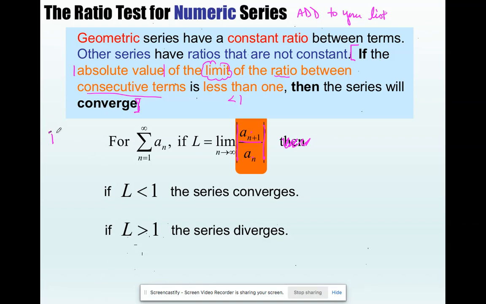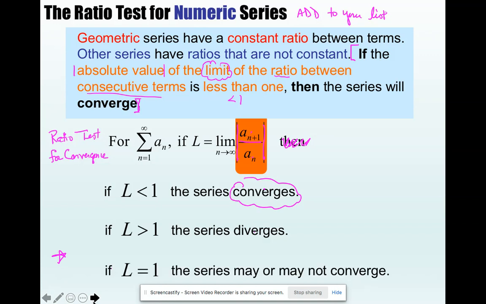So this is what you need to add to your list, the ratio test for convergence of numeric series. You want convergence. If you fail the convergence test, you are able to say diverges, but the ratio test has one extra caveat.